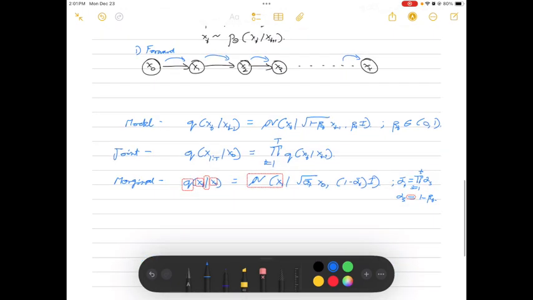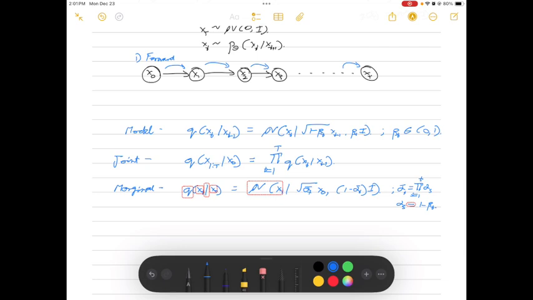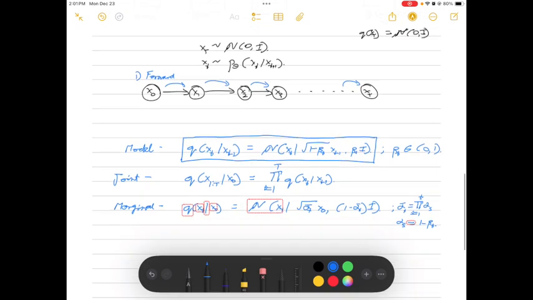The important thing to note here is the model itself. That's the most important aspect, because that's the distribution which perturbs the data and helps us run the chain forward.